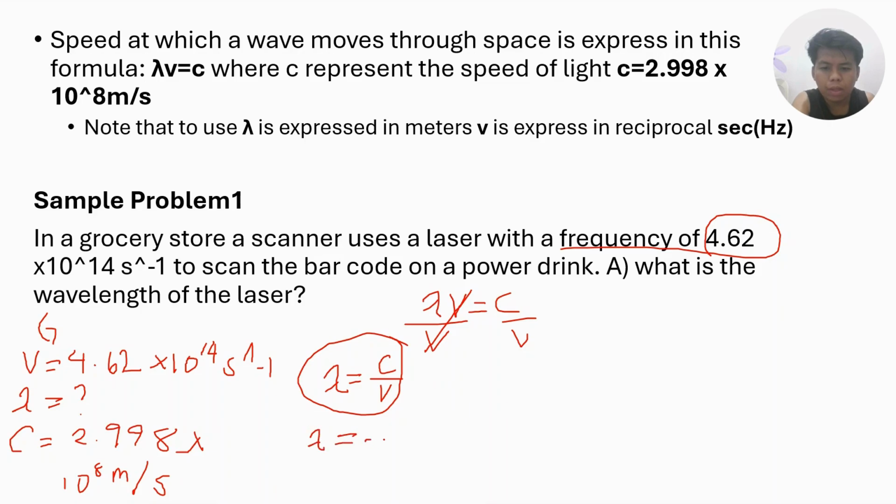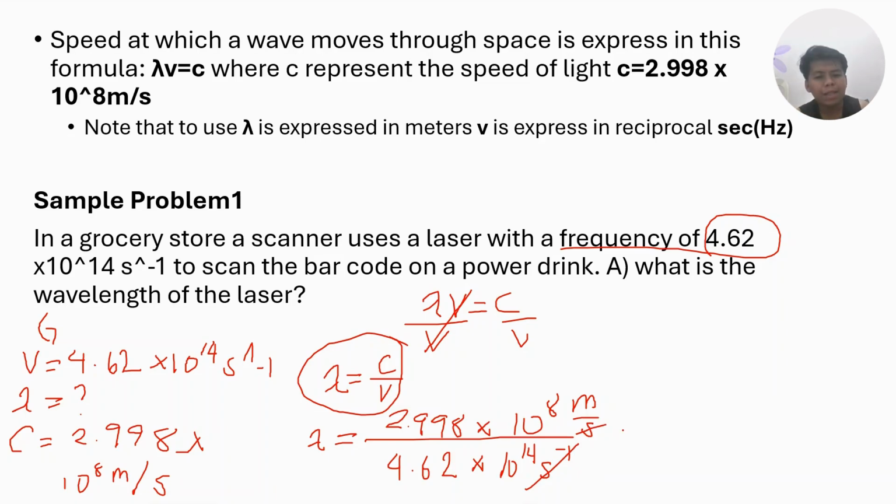Frequency is equal to this value, and c is the value of the speed of light, 2.998 times 10 raised to the power of 8 meters per second, divided by 4.62 times 10 raised to the power of 14 second raised to the power of negative 1. We cancel out the units.